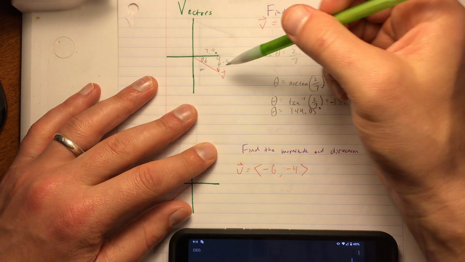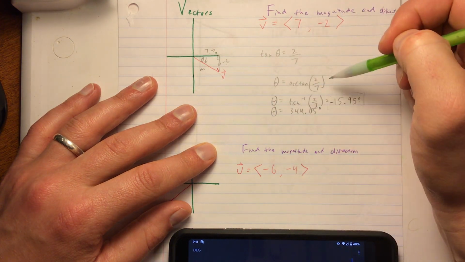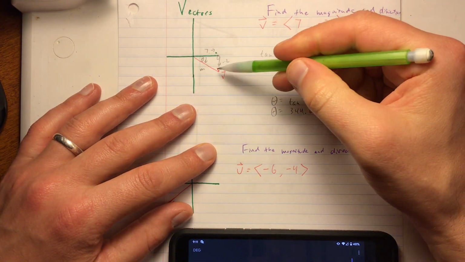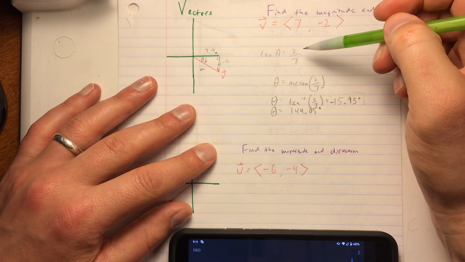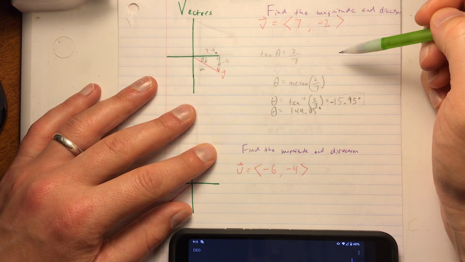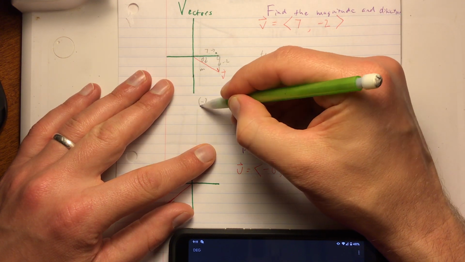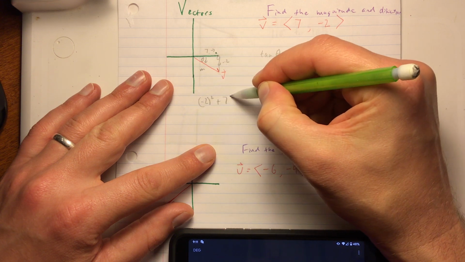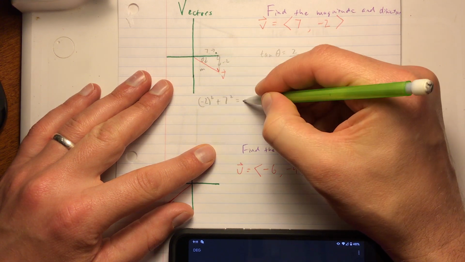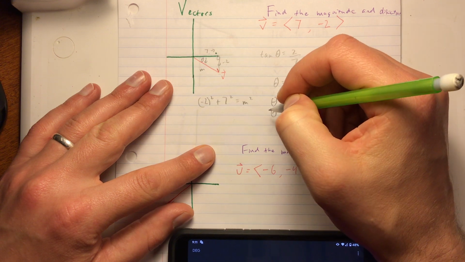Now, we still have to figure out the magnitude. How far is it? Well, that's actually like an 8th grade math problem. We're going to use Pythagorean theorem here. We're going to use -2 squared plus 7 squared equals the magnitude squared.